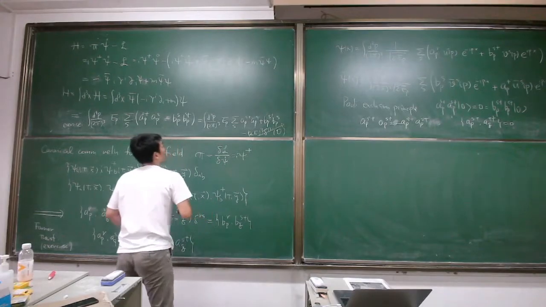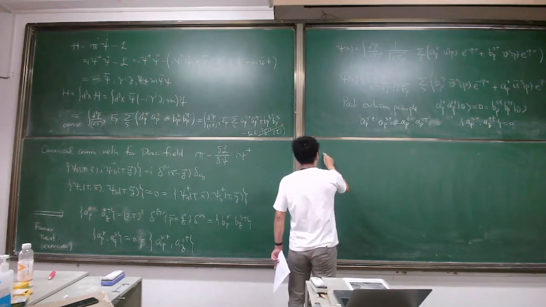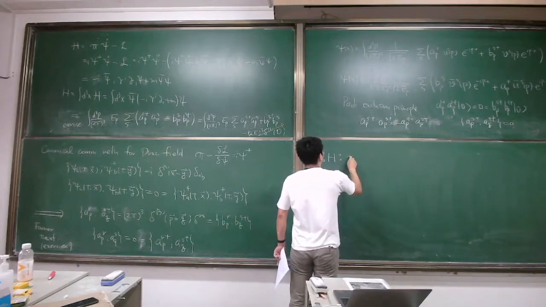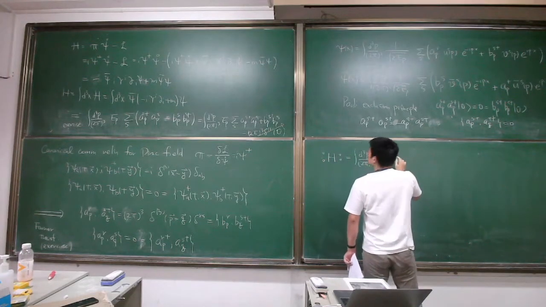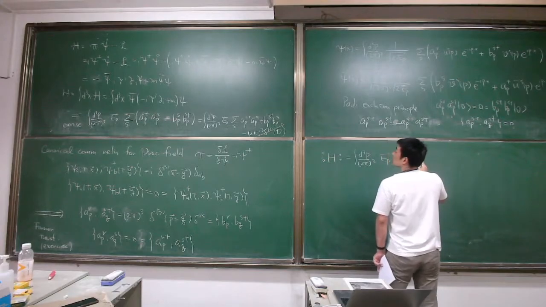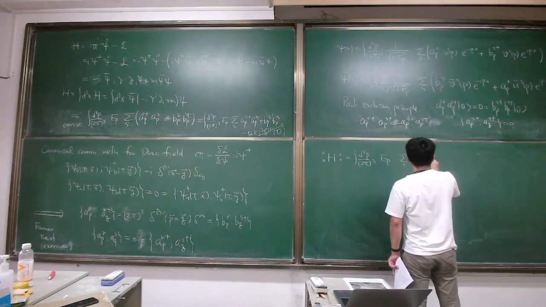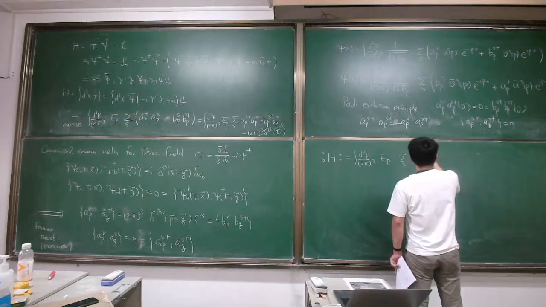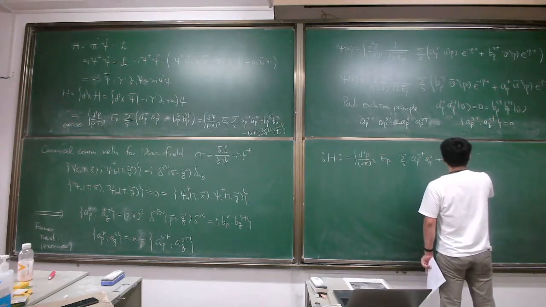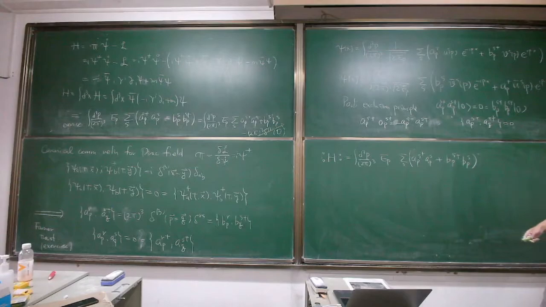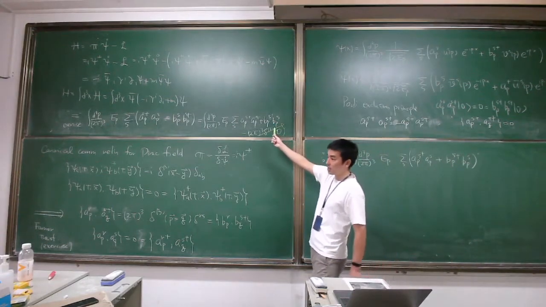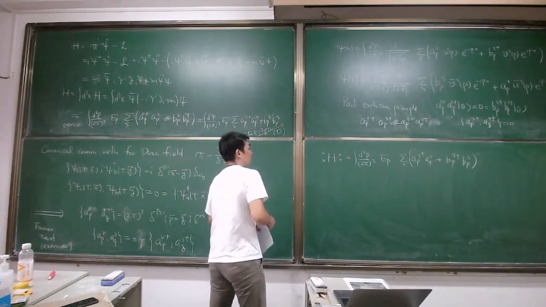Essentially, with normal ordering, what you get is the integral over Q, P, 2 pi, of A_P S dagger A_P S plus B_P S dagger B_P S. That's normal ordering, and you just forget about the normal ordering constant, the infinity.